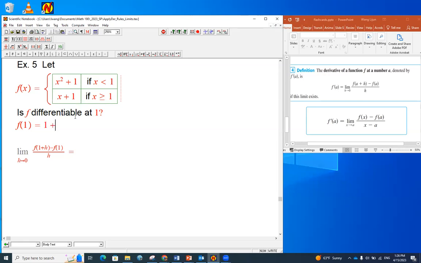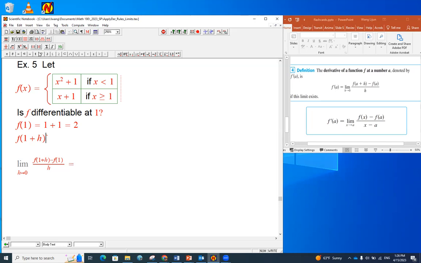So it's 1 plus 1, which equals 2. But what is f of 1 plus h? And that would be interesting, isn't it?